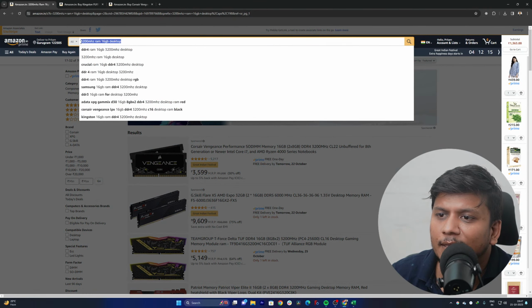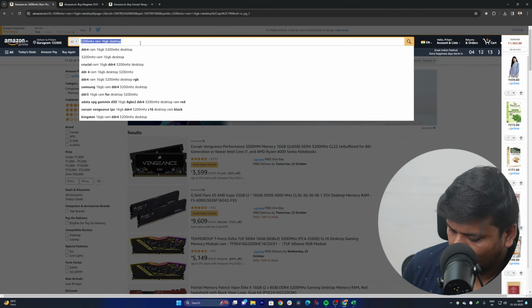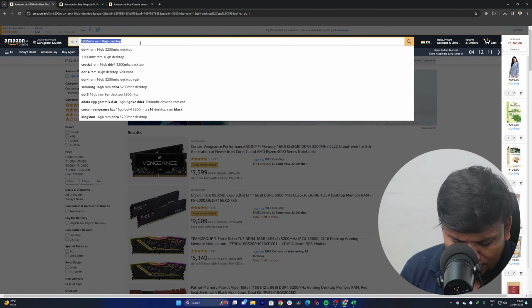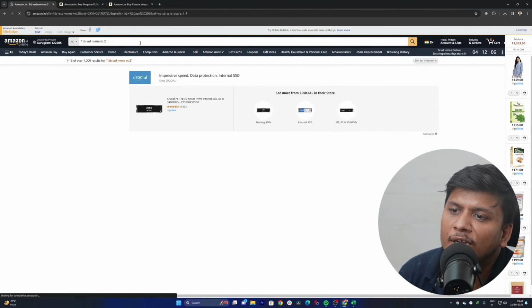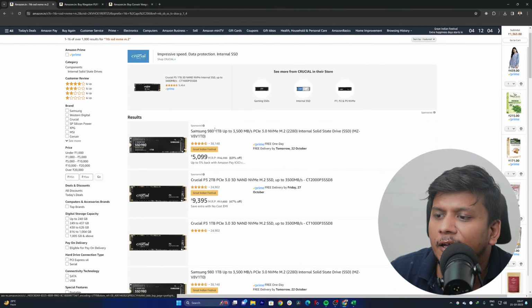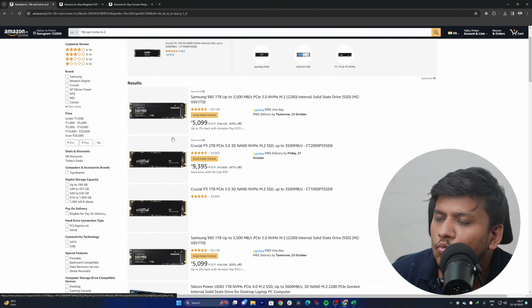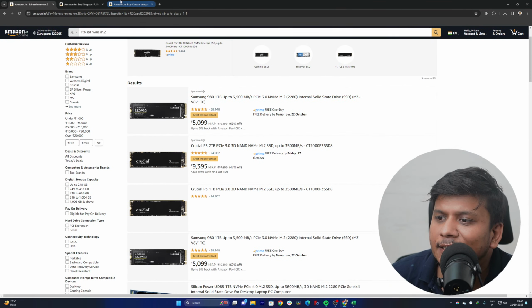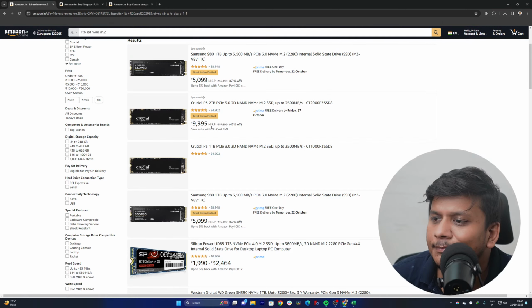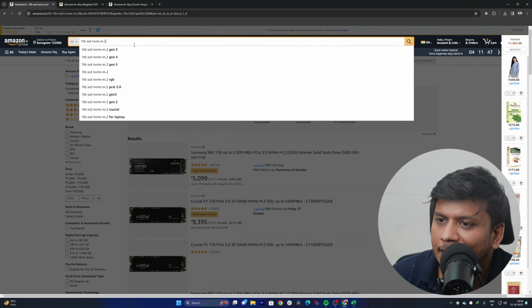So let me find a decent one. Depending on our budget, I would suggest you go with a 1 TB NVMe M.2 SSD. And then here we have got the first one from Samsung. Since this board is Gen 4.0 PCIe, I'm not going to recommend a Gen 3 drive. Let me write Gen 4 as well.